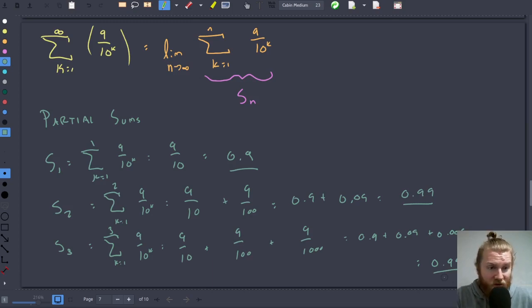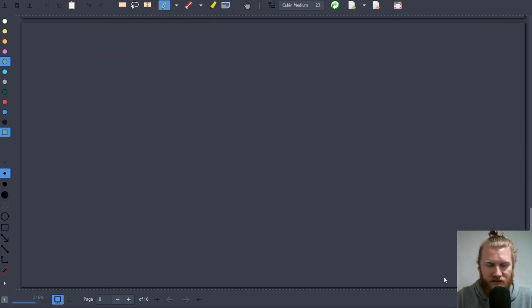The fourth partial sum is going to be the third partial sum plus the fourth term. So it's going to be this 0.999 plus 0.0009. So we can write out more of these, and we could keep going.